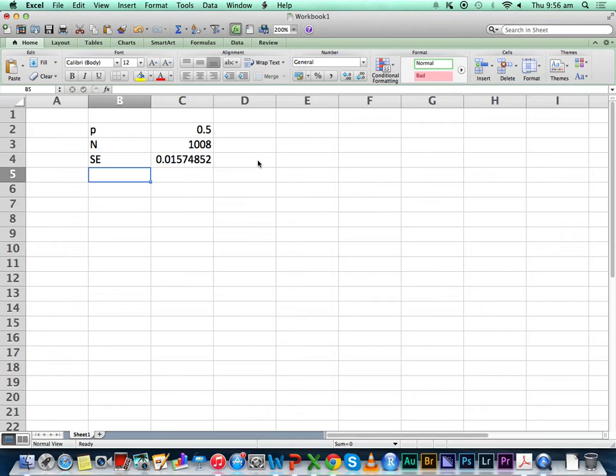And then 1.96 times the SE is equal to, of course, 1.96 times this number.